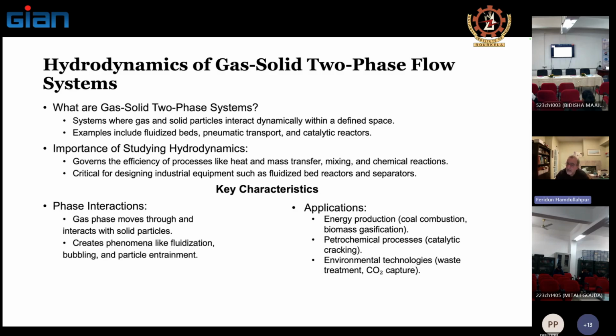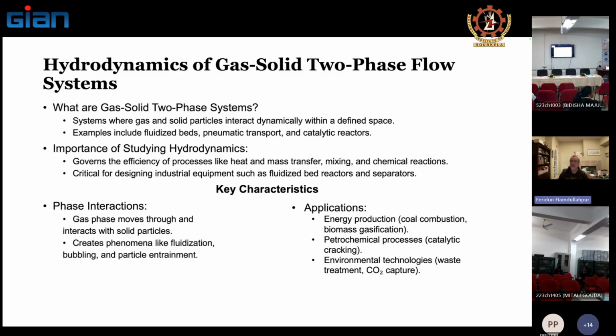Those applications are reactive most of the time, applications that involve heat transfer and mass transfer. For those to be maximized and to be in a very advantageous position for the user, you have to have the hydrodynamics of the system you're going to design perfectly figured out.